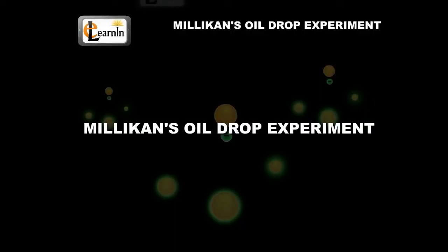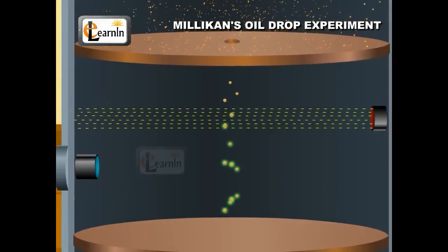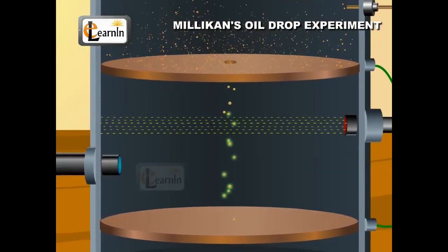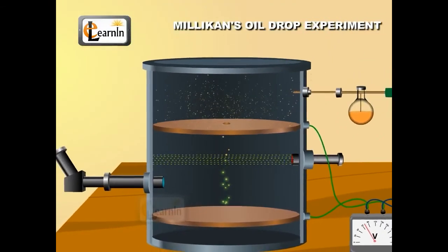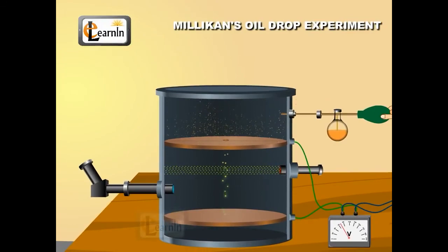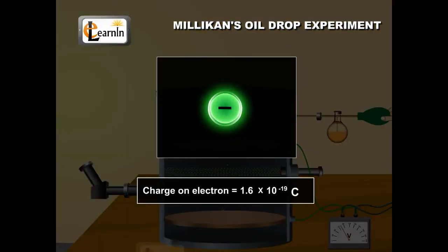Millikan's oil drop experiment. The famous method that he devised between 1906 and 1914 to measure the charge E of an electron is known as the Millikan's oil drop experiment. Using this method, he calculated that the charge on an electron was about 1.6 times 10 power negative 19 coulombs.